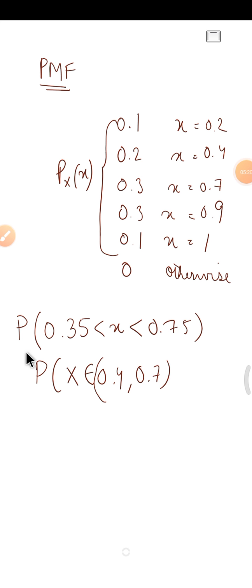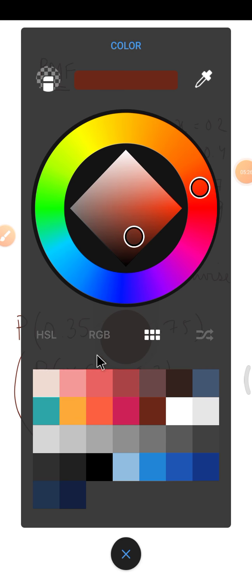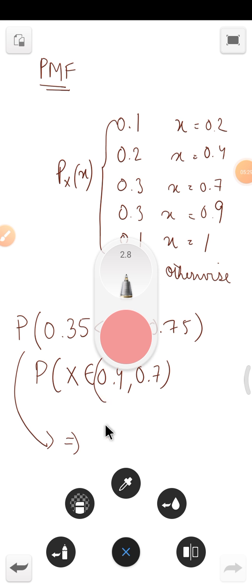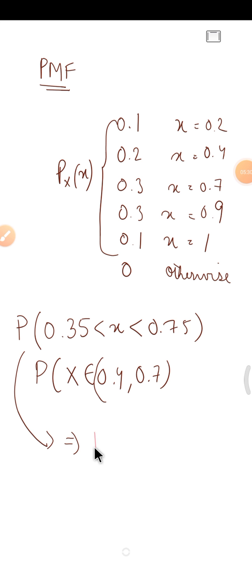So we can write it like this: this value will be equal to P of x 0.4 plus P of x 0.7, and this will be equal to 0.2 plus 0.3, and our answer would be 0.5.